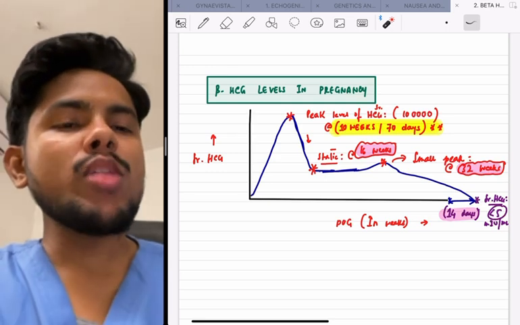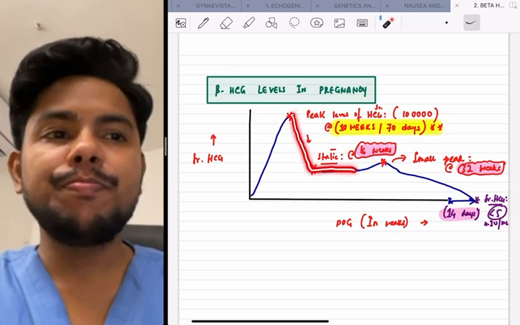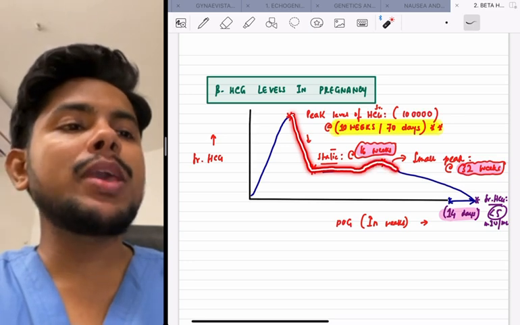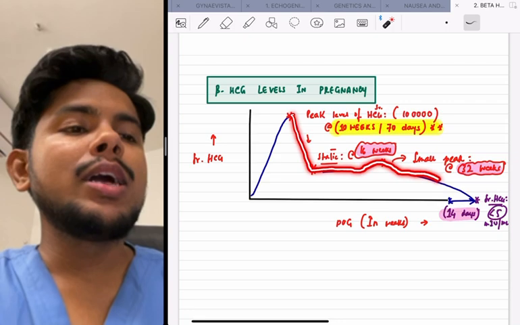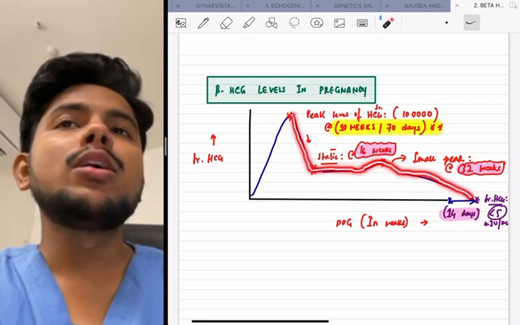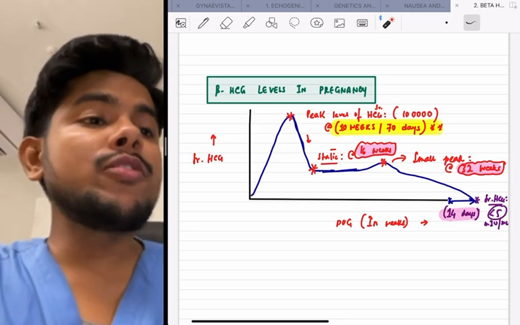Then there is a sharp decline, which is followed by a plateau, and then there is a small peak at 32 weeks, then again a plateau, and then there is a gradual decline of hCG following delivery.